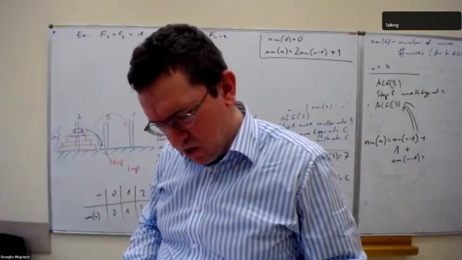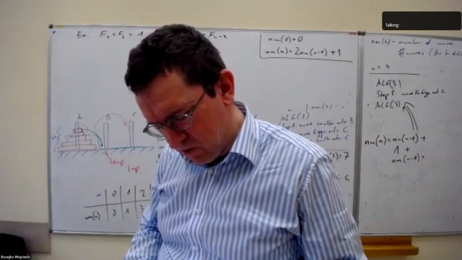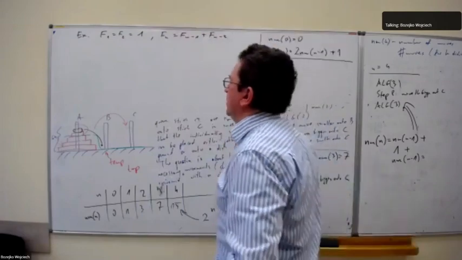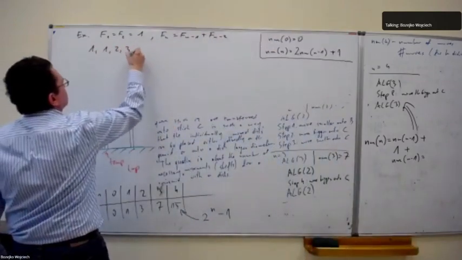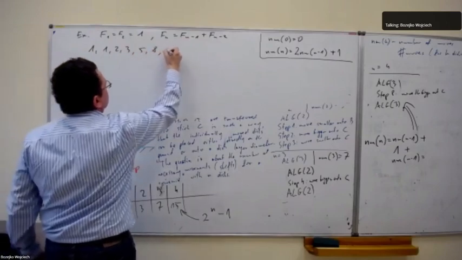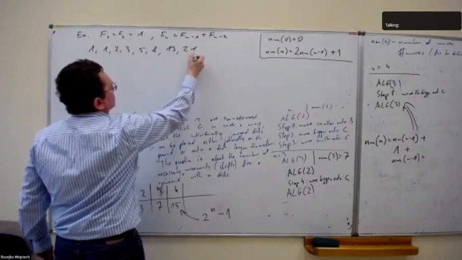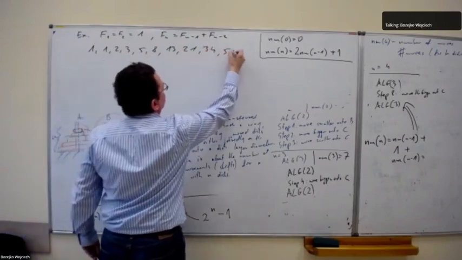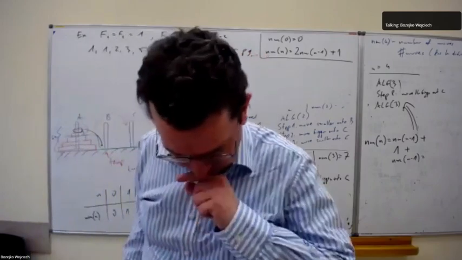This will be 1, this will be 1, so this is 0. So for instance, as you remember, 1, 1, 2, 3, 5, 8, 5 plus 8 is 13, 21, 34, 55, 89, and so on.